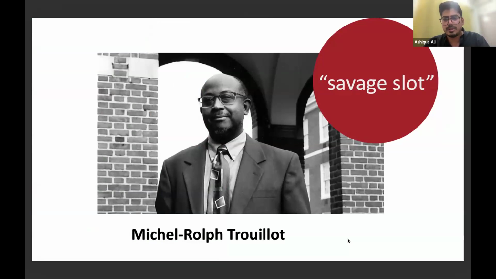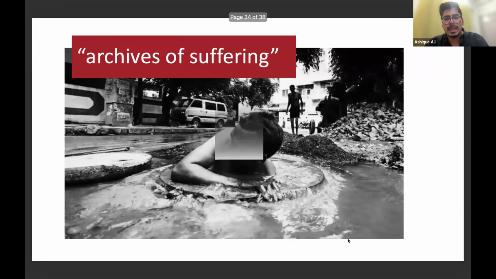Michel-Rolph Trouillot has a brilliant article which critiques this and talks about the importance of studying up. And it's also sometimes important to move beyond the archives of suffering, because often in the case of caste, it does not help us understand how caste actually functions. You're just looking into experiences of people and their victim stories.